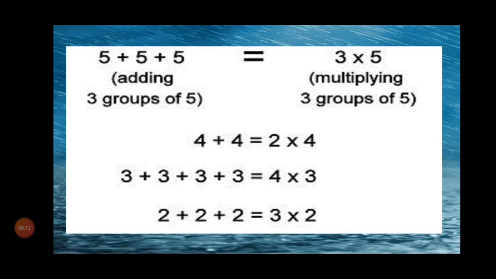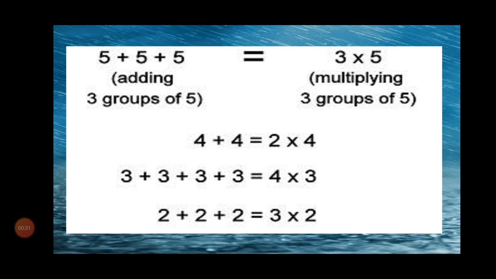We can convert the addition fact into multiplication fact. On left side we have three 5s with the plus symbol, so adding 3 groups of 5. On right side, 3 into 5 means multiplying 3 groups of 5.